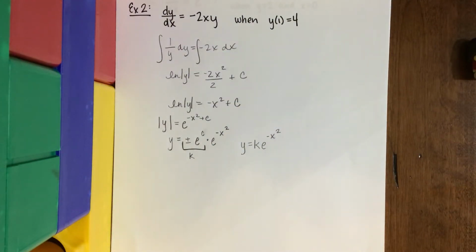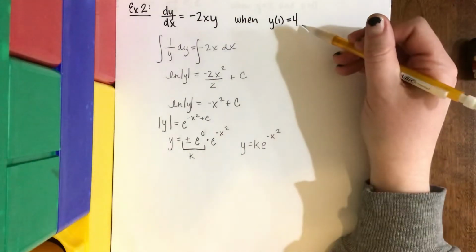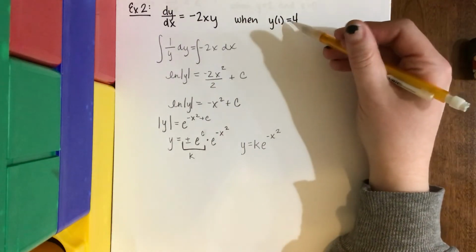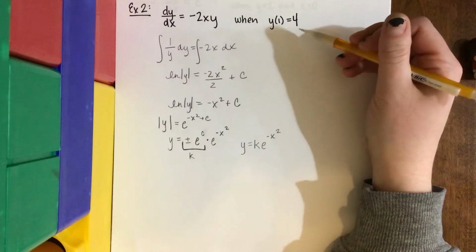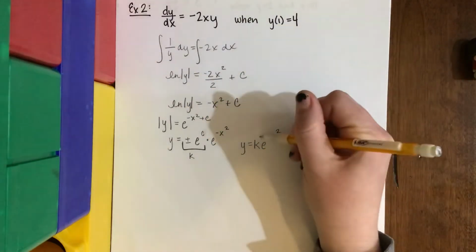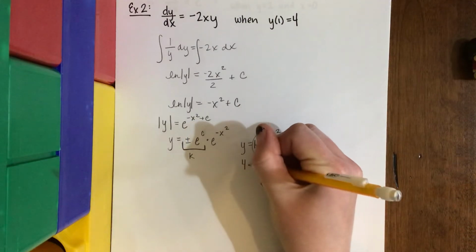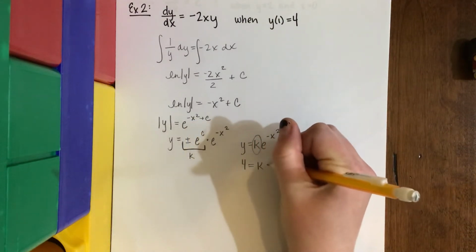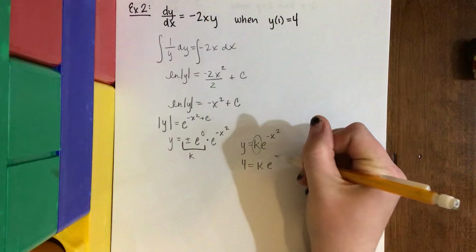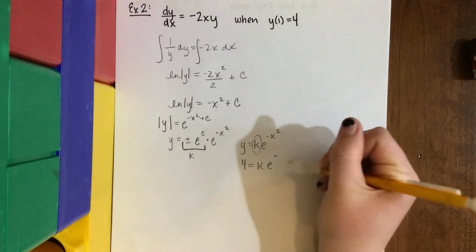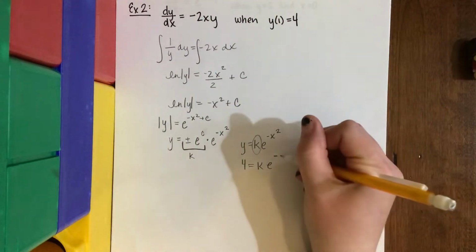Well, what I'm going to do now, though, is use the fact that I have this initial condition of y of 1 equals 4, because I still have to find k. So we end up with 4 equals k times e to the negative, and then my x is 1, 1 squared is 1, so to the negative 1.